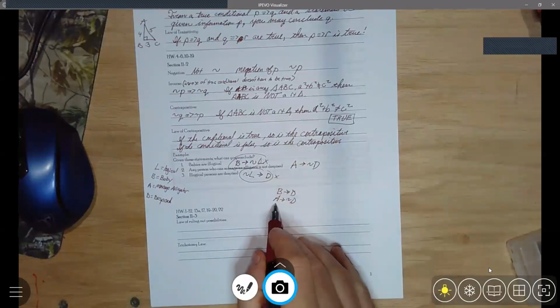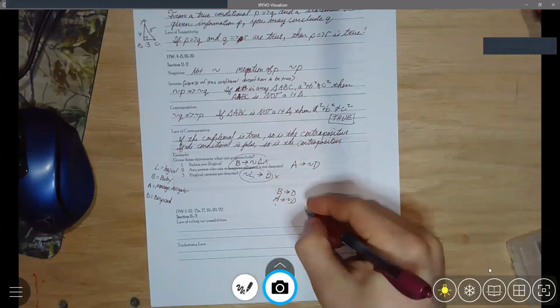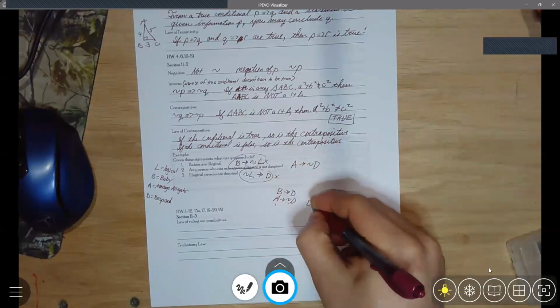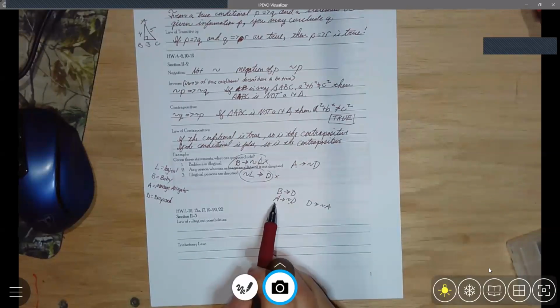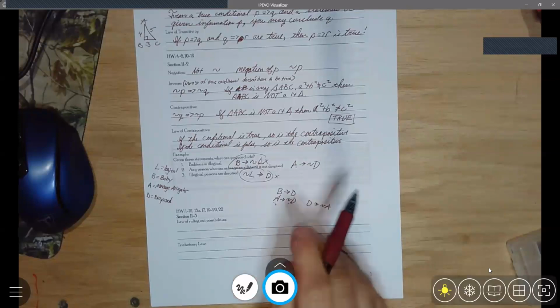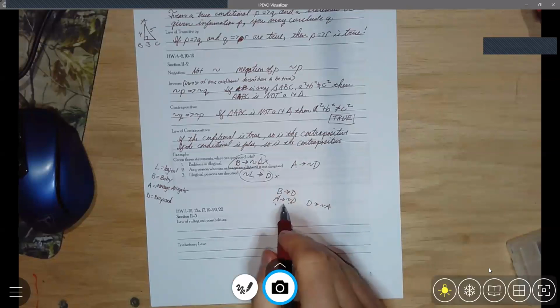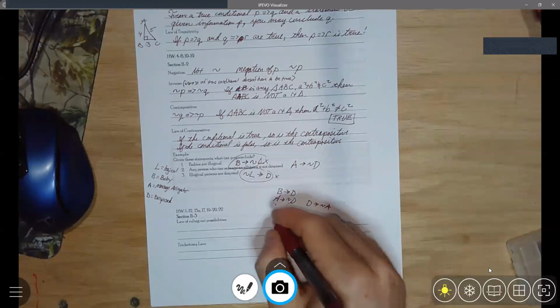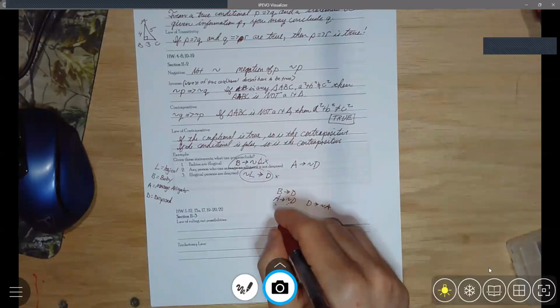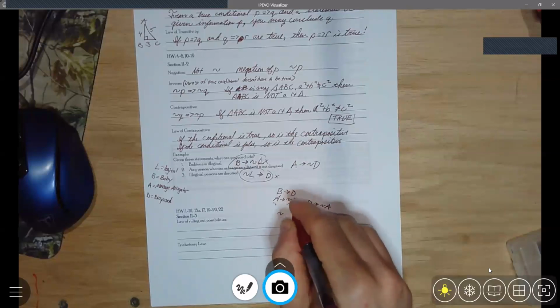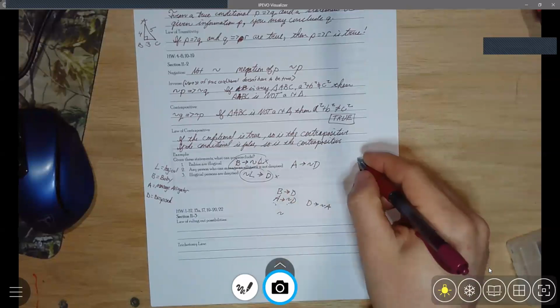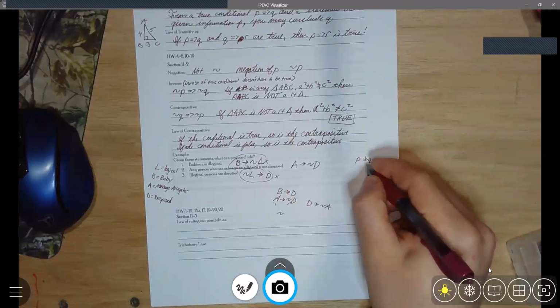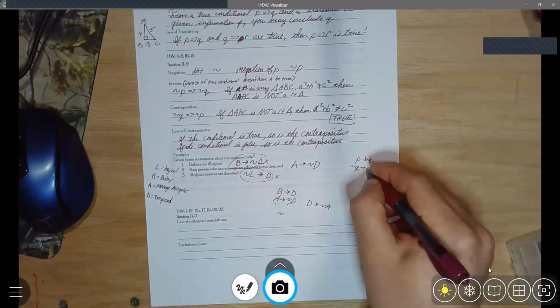Instead of A implies not D, the contrapositive is D implies not A. The contrapositive of P implies Q is not Q implies not P, right?